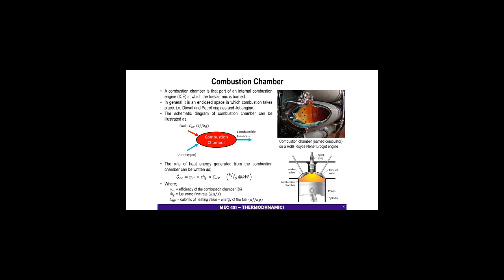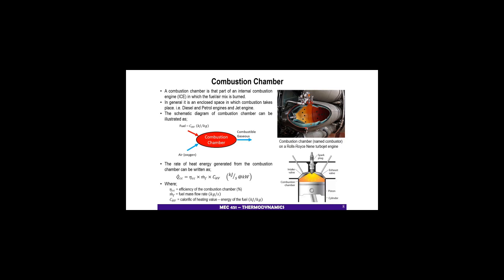Combustion chamber. A combustion chamber is that part of an internal combustion engine, ICE, in which the fuel and air is mixed and burned. In general, it is an enclosed space in which combustion takes place. For example, diesel and petrol engine and jet engine.